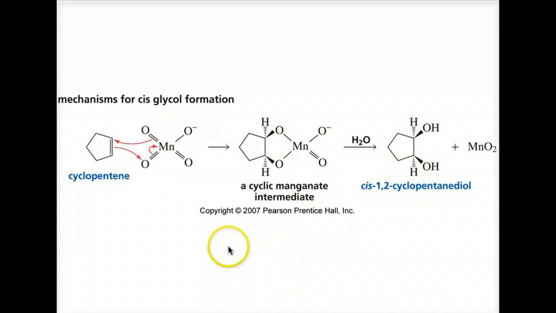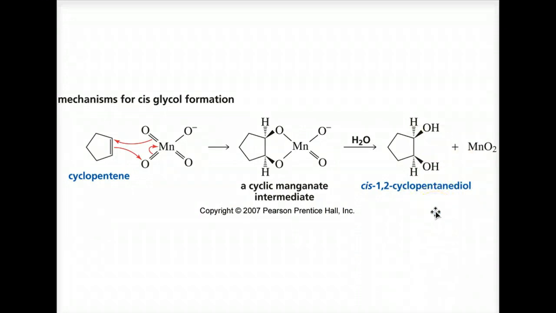Manganese is +7 and osmium is +8. Formation of the cyclic intermediate is a syn addition, S-Y-N, because both oxygen atoms are attracted to the same side of the double bond, which you can see right here.